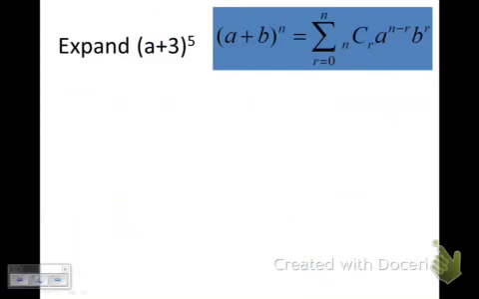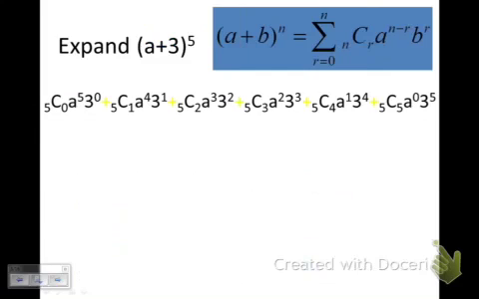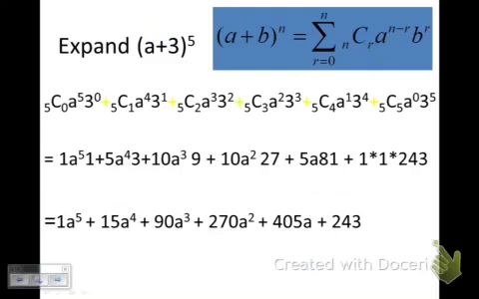Well, if I want to expand a plus 3 to the 5th, that means n is 5, a is a, and b is 3. So I'm going to bring them all up here and just show you step by step. The first one, my exponent, that'd be my n, so I start at 5 choose 0.